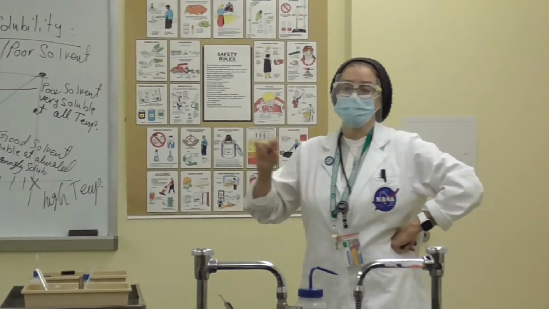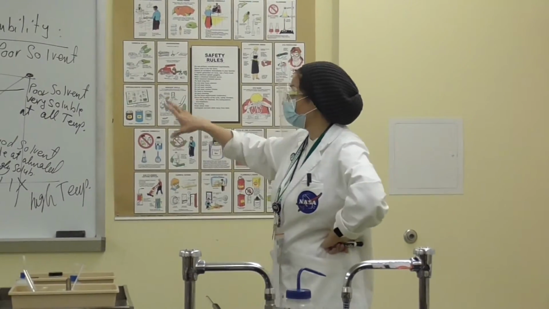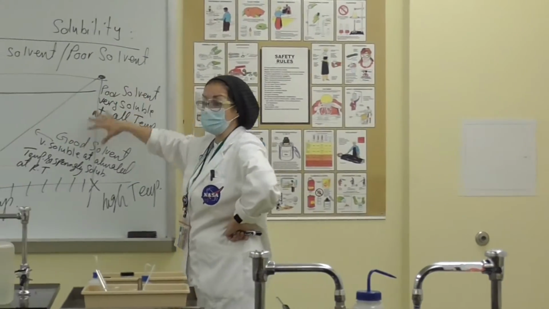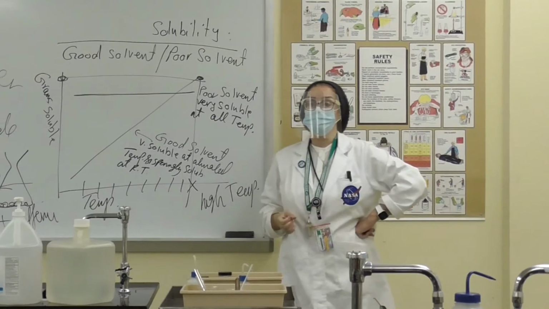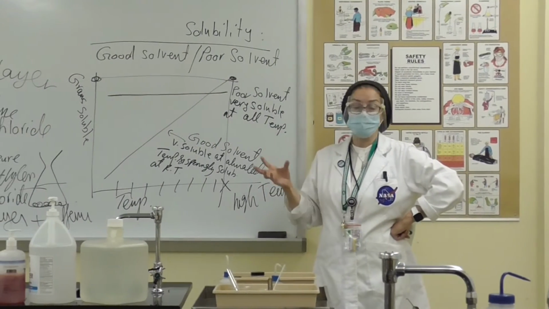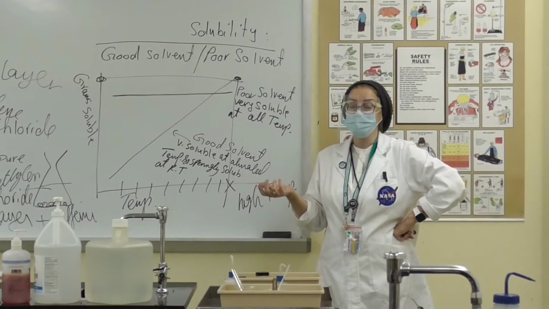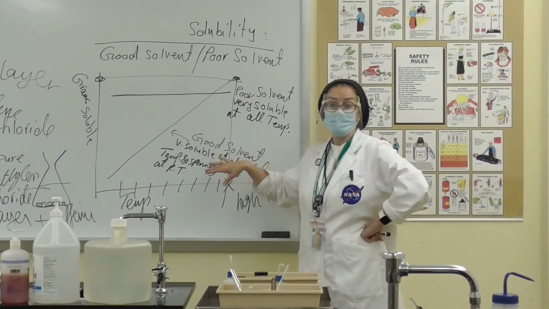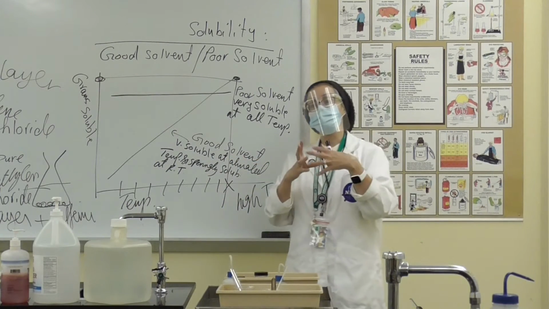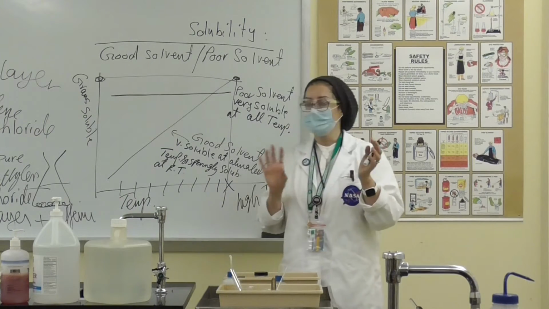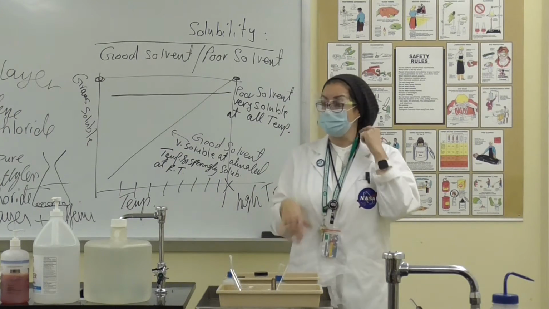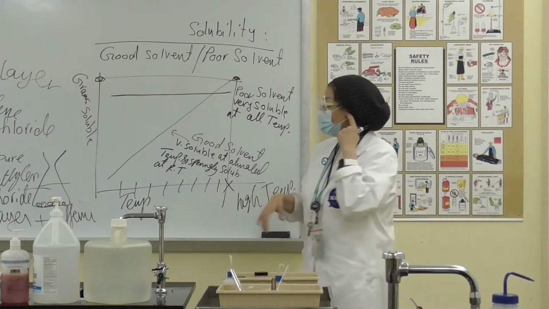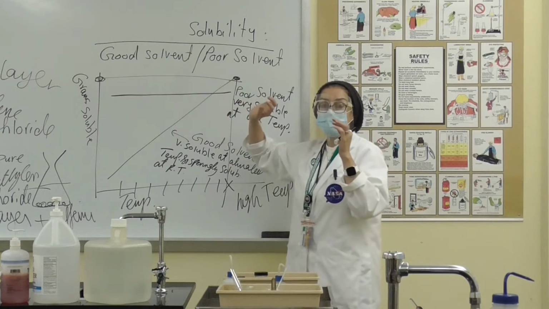That's called recrystallization. According to this particular diagram, we are going to pick and choose a mixture of organic solvents, or one solvent. When we mix it with the chemicals, it is not soluble at room temperature, but when we heat it, it is going to be totally soluble.